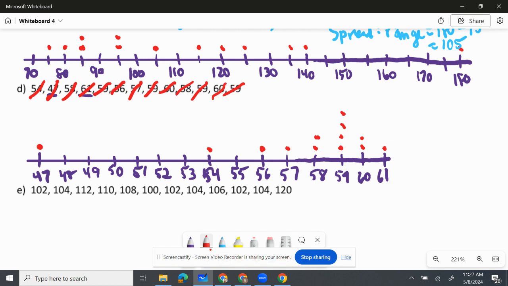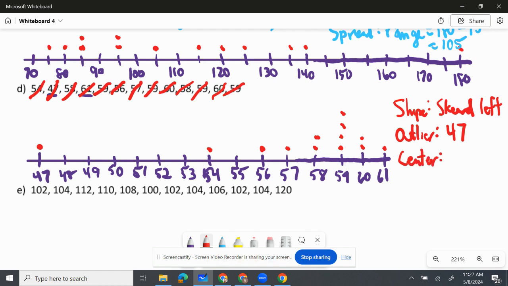So when we're looking at our shape, it's going to be skewed left. And then outlier would be 47. And then what we have is our center, and that would be a mode of 59.